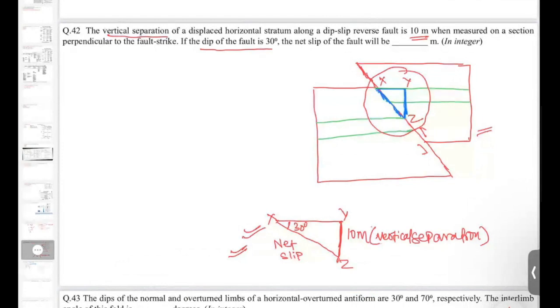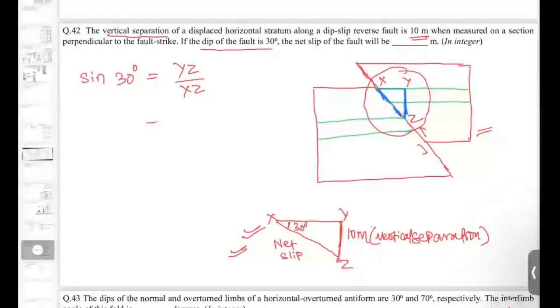So we have to calculate the net slip. Can you tell me what formula I should use to calculate the net slip value? Sin theta. Yeah, you can calculate it simply by using sine 30 degrees equals YZ by XZ.